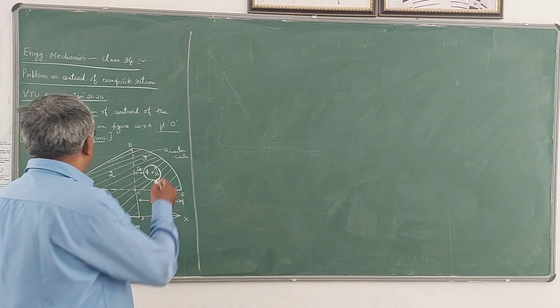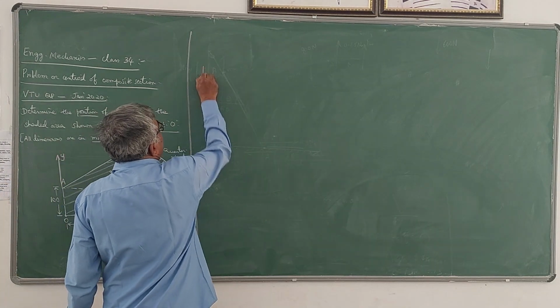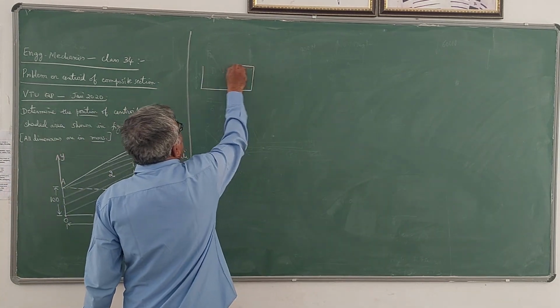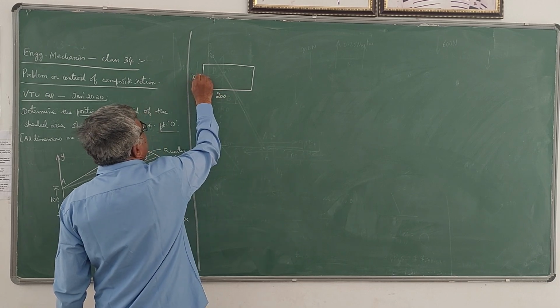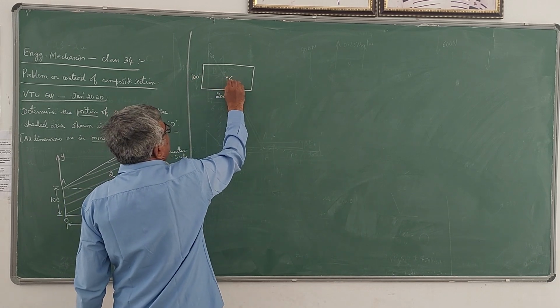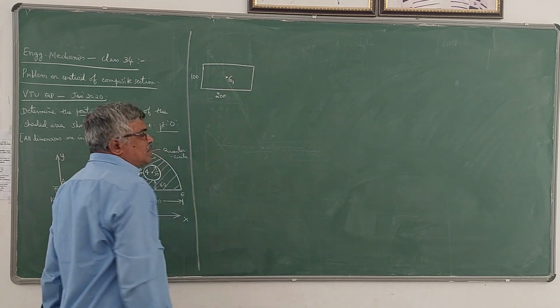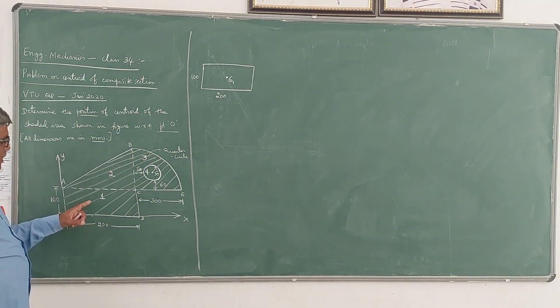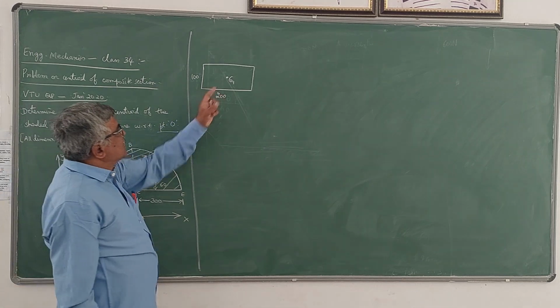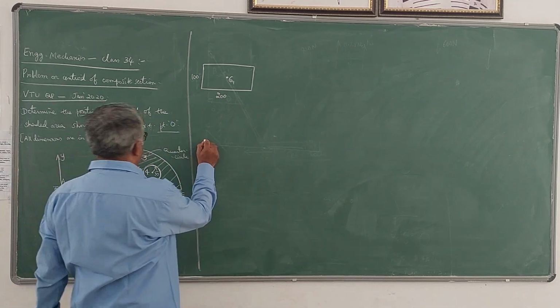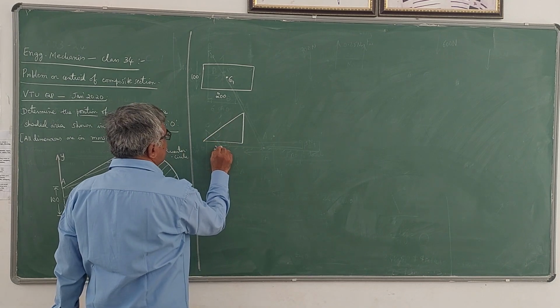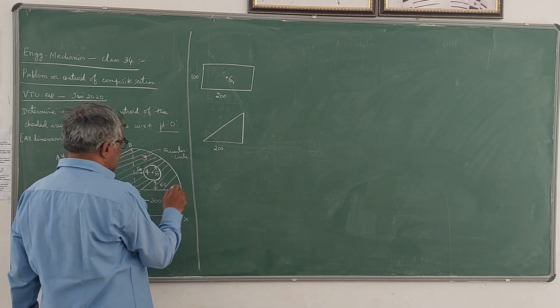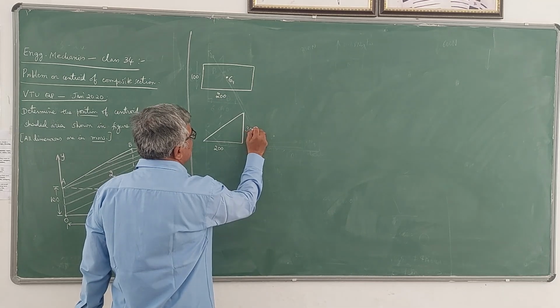Now, if you do that, so let me take one by one. So this is a rectangle. So this rectangle is of dimensions 200 by 100 mm. Its centroid will be exactly at the center. So I will be taking G1 like this. Next, I will take this triangle portion, right angle triangle with base 200 mm and height is the radius of the quarter circle, which is 300 mm.